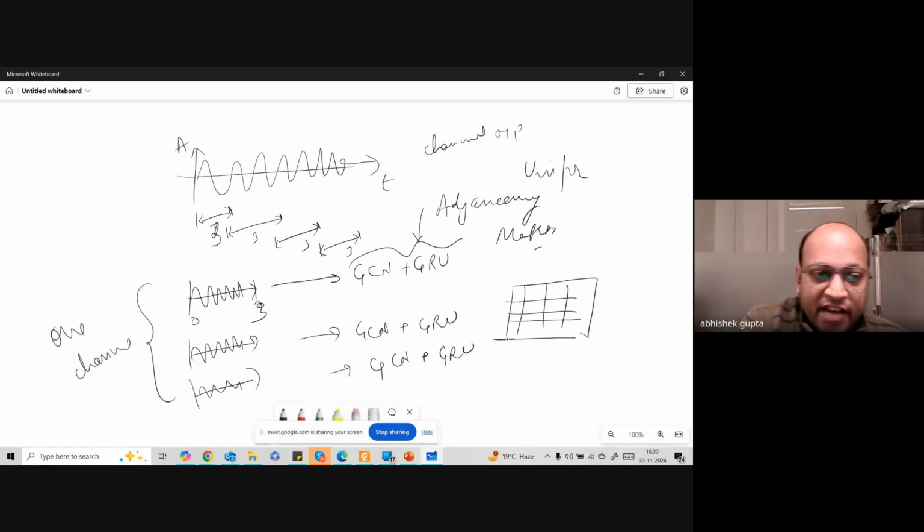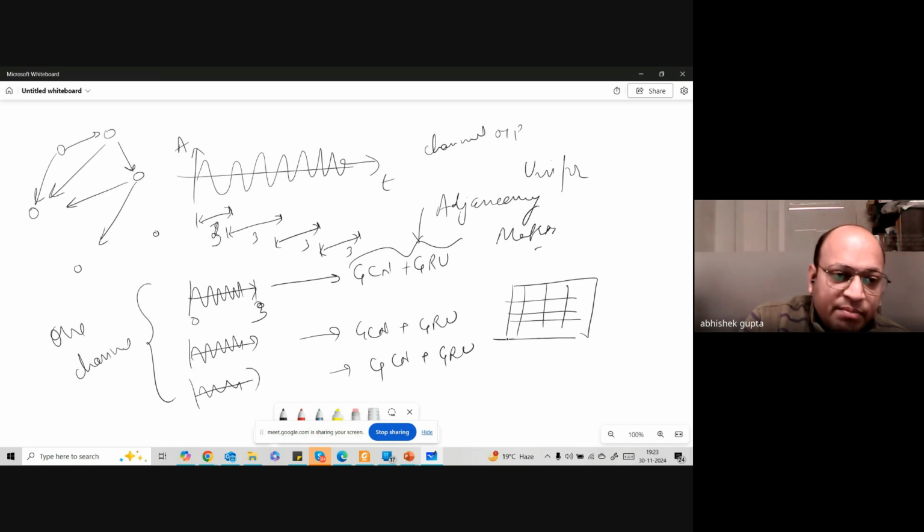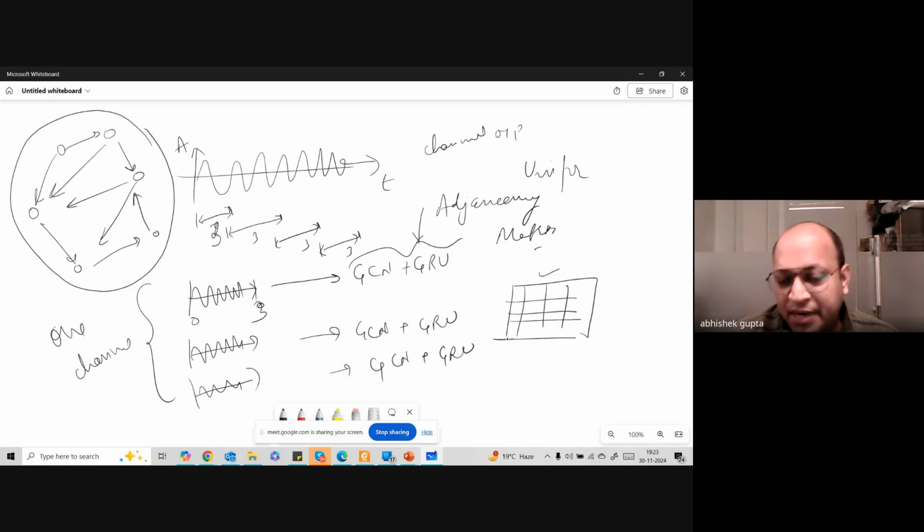To create a graph, every channel is presented as a node, and how this channel is connected to every other channel is prescribed by this adjacency matrix. So in terms of visualization we call it a graph, but in the implementation of mathematics we call it a matrix. So basically, the adjacency matrix is the graph.